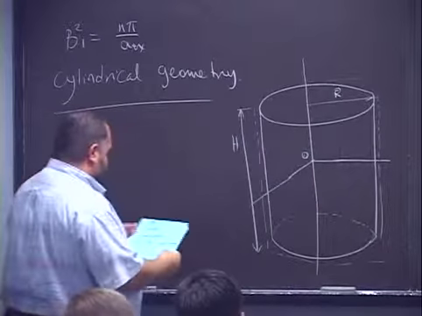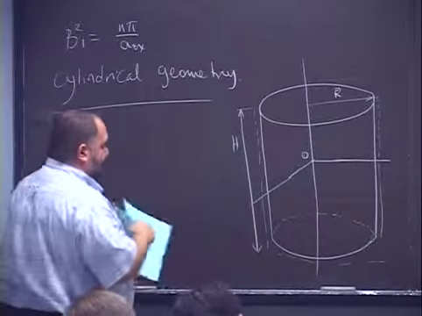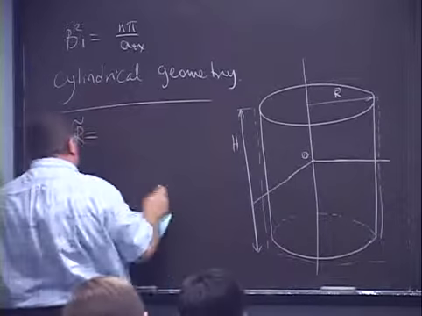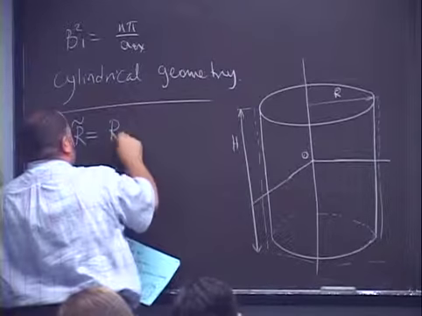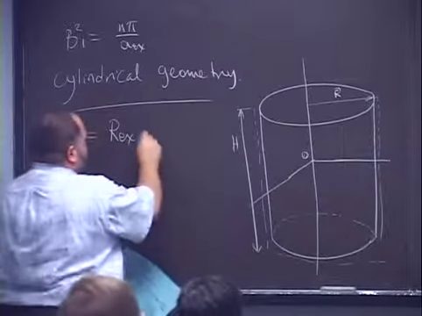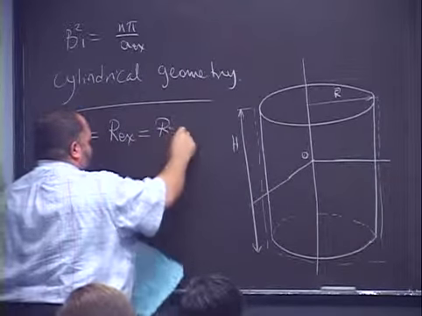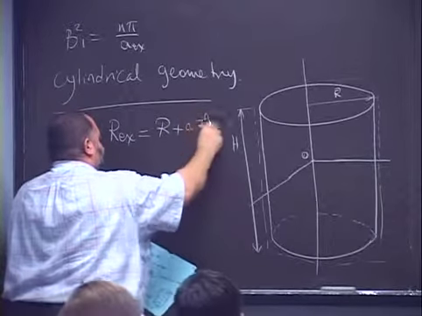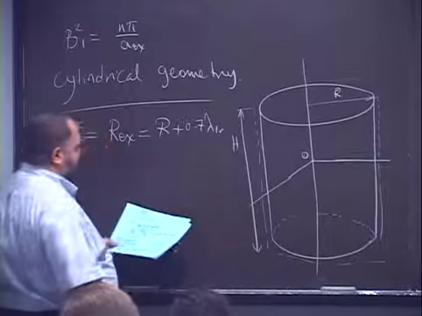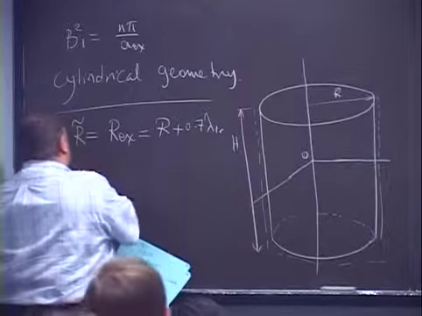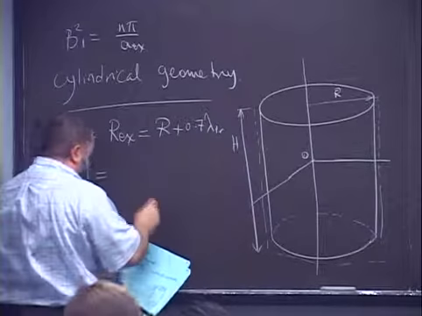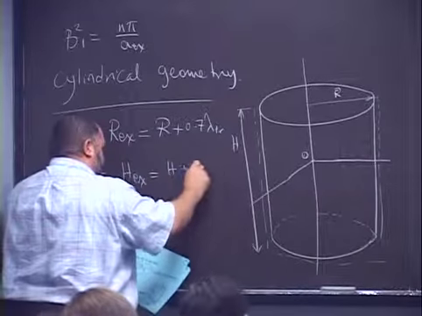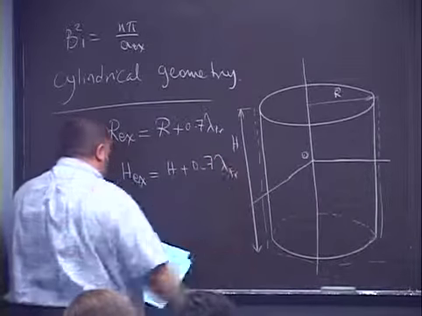Now we are interested in knowing the solution for this system. Again, R tilde is the extrapolated radius, which is just the radius of the cylinder plus 0.7 lambda transport, and the extrapolated height, H extrapolated, is just the height plus 0.7 lambda transport.